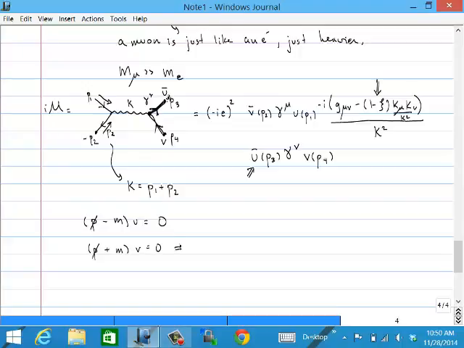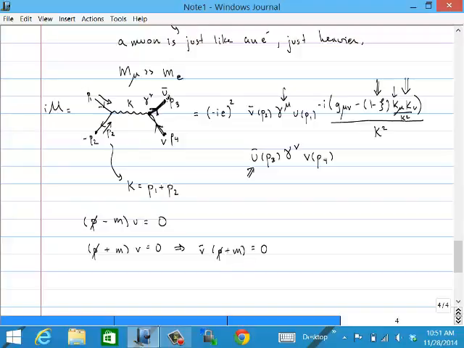Or we could rewrite that as V bar is annihilated by P slash plus M acting from the left, just by taking the conjugate of that equation and multiplying by gamma 0. So if you look at this term here, what do you get? This gamma mu contracted with that k mu gives you a k slash.